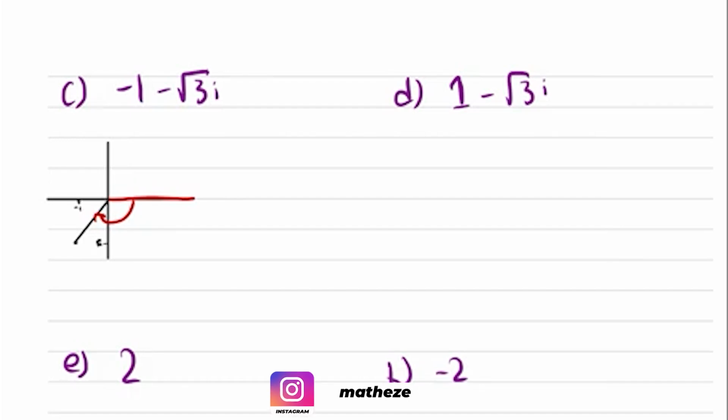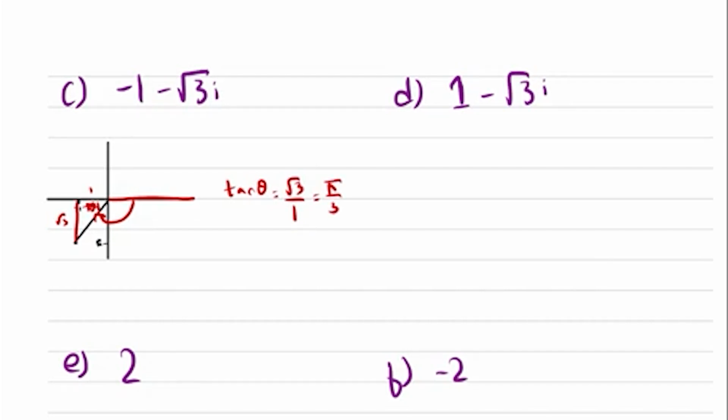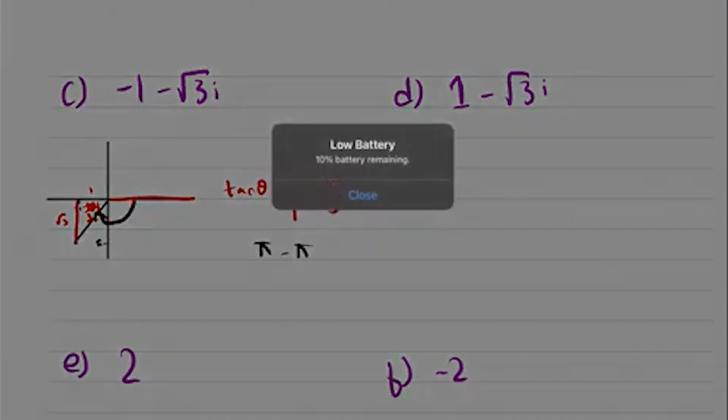But in this part, I'm going clockwise. Keep this in mind. Let's find the angle first. So guys, this is under root 3, that's 1. Tan theta is equal to under root 3 upon 1, that's what? Pi upon 3. But I need this part. So it's going to be pi minus pi upon 3.